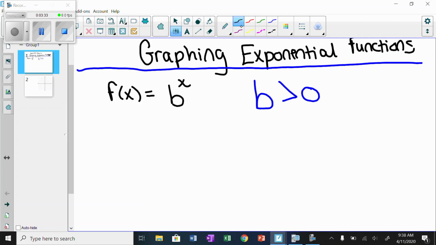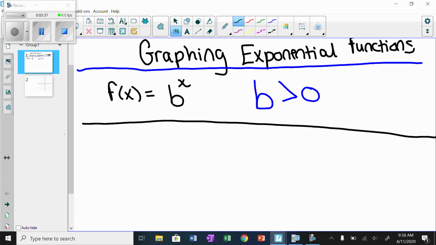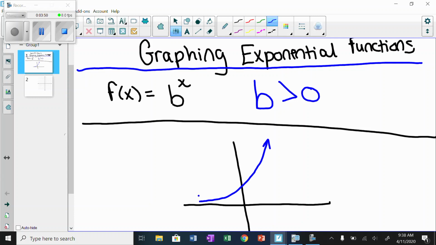So now, let's think about this. We know we're growing exponentially. What does it look like if you're growing exponentially? It means that you are growing at an insane rate. And usually the graph, as you've been seeing in the news, looks something like that. It is just growing so quick.